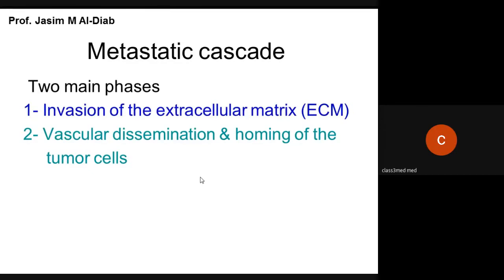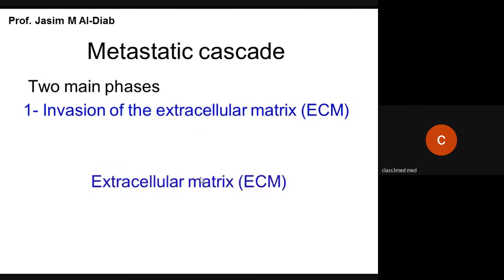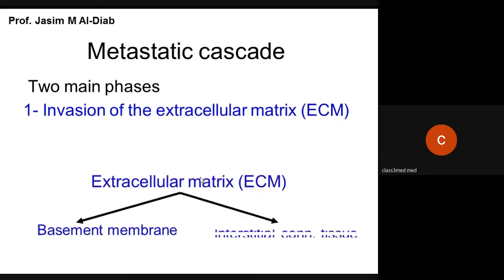The extracellular matrix, let us just remember its histology. It involves the basement membrane and the interstitial connective tissue.